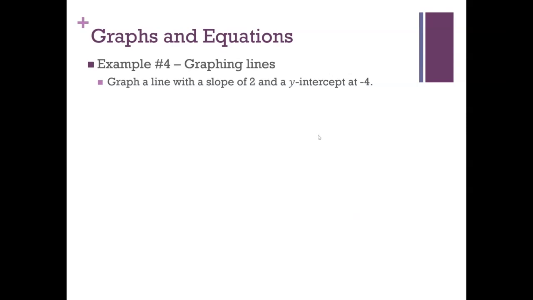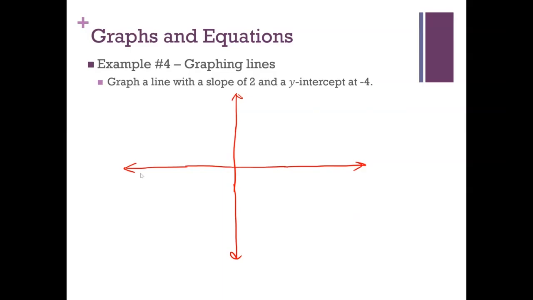So let's graph based on whatever information I gave you. We know we have a slope of 2, and we have a y-intercept at -4. Let's actually start with the y-intercept.